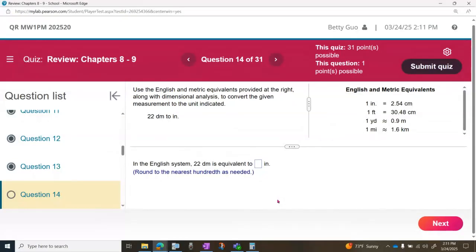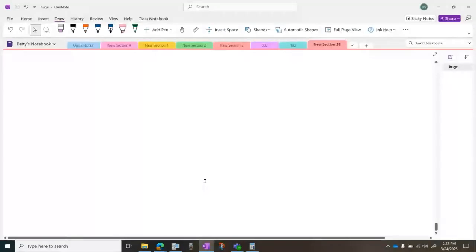Question number 14. This one takes a little bit of time. To do this problem, firstly, you need to know King Henry.